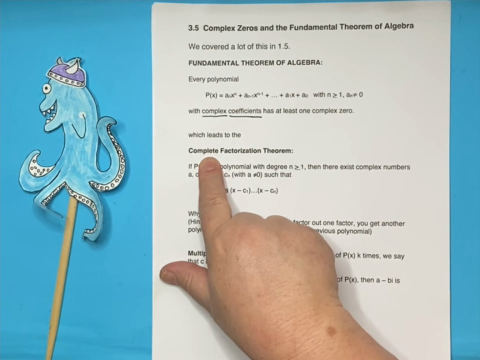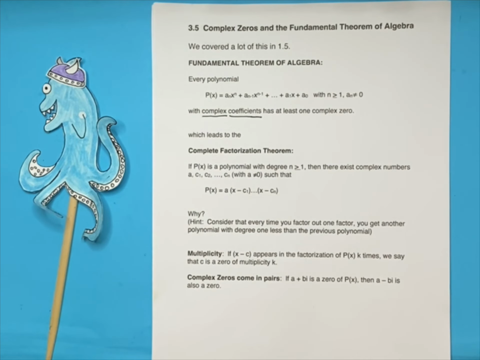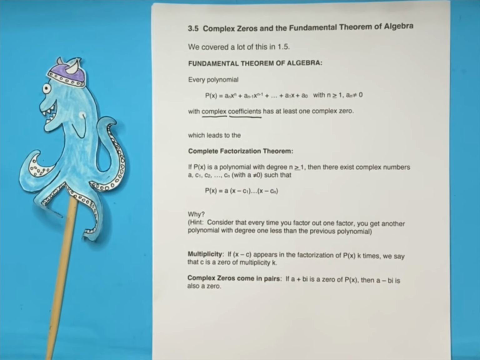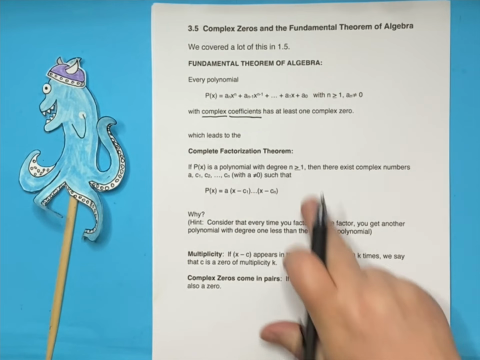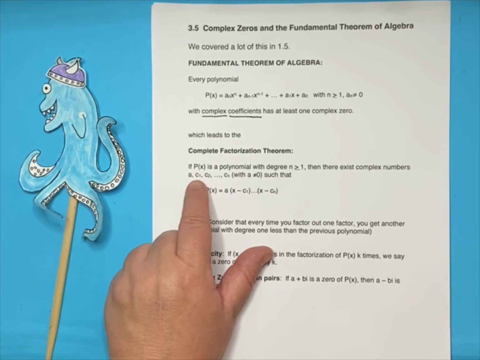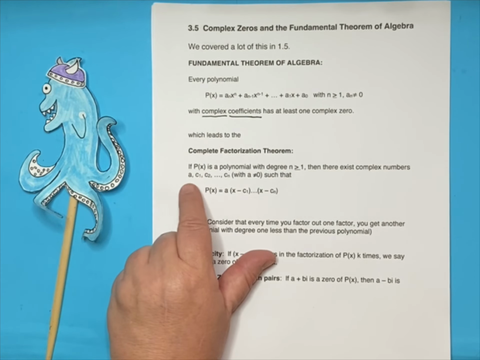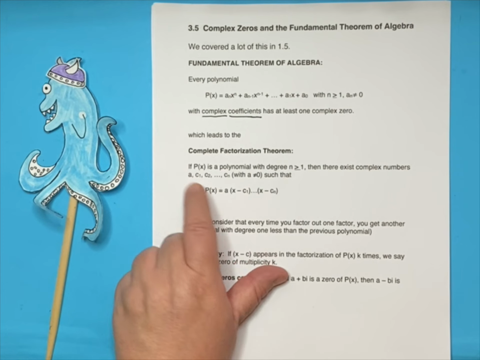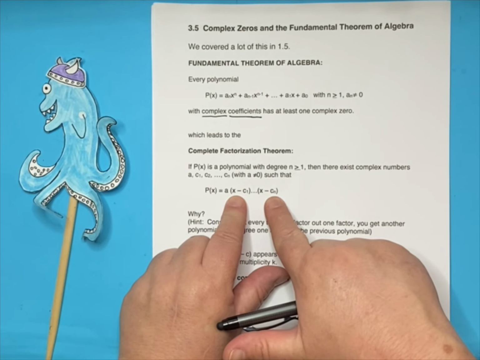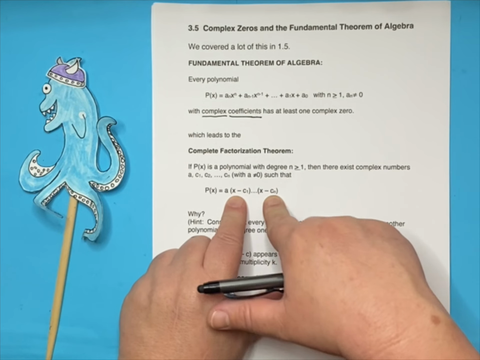And that, it turns out, is not the fundamental theorem of algebra, which is surprising. It's actually something called the complete factorization theorem that basically says if p of x is a polynomial with degree n, which is greater than or equal to 1, then there are complex numbers c1 through cn plus another one called a, such that you can factor the polynomial as a constant, so you can factor out a constant, and then a bunch of factors, x minus c.